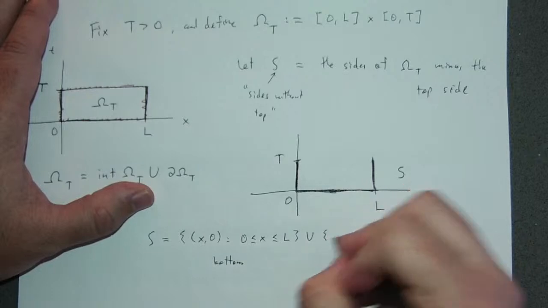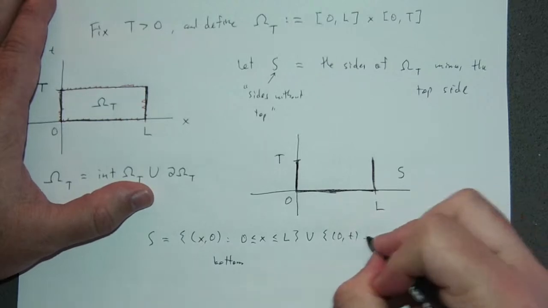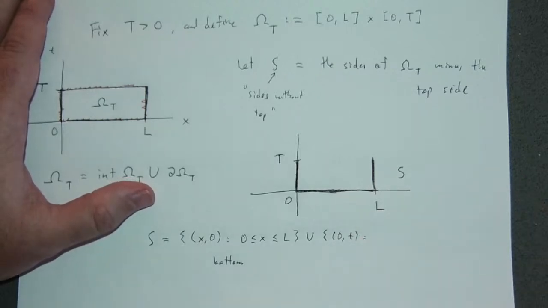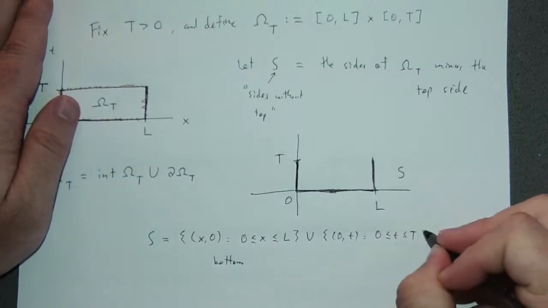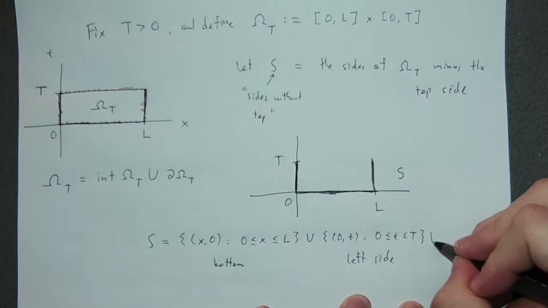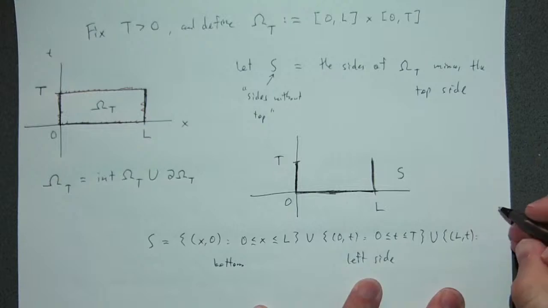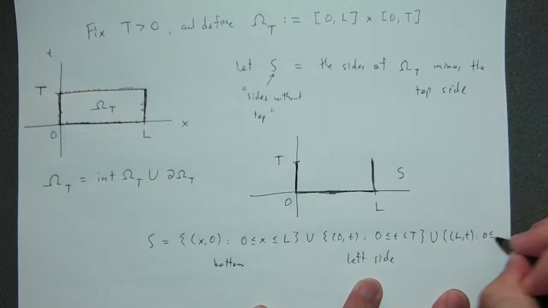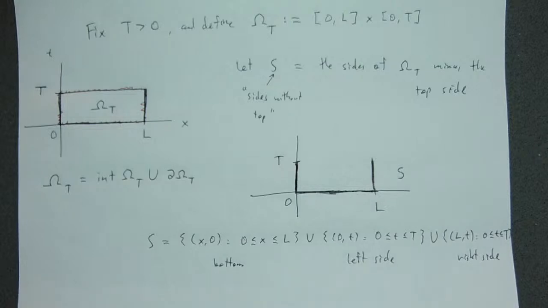Union the left side, so that's points that look like (0,t), where t is between 0 and big T. So this is the left side. And then the right side. These are points (L,t), where t is between 0 and big T. So this is the right side.